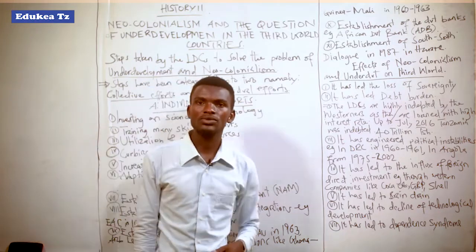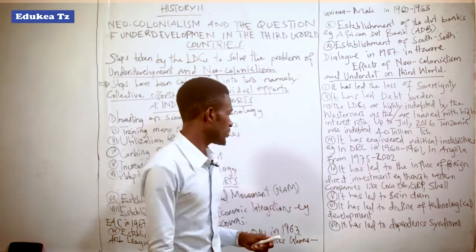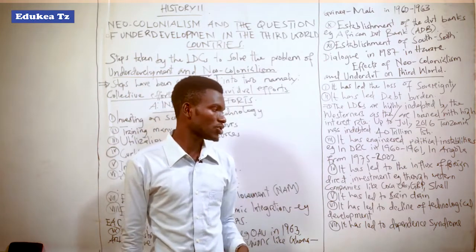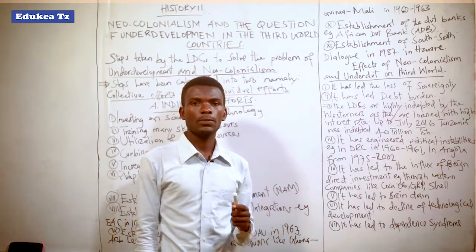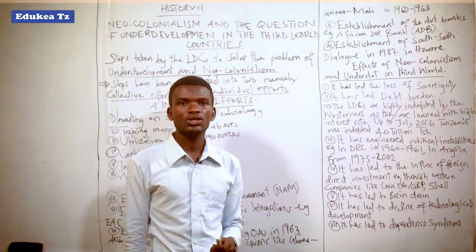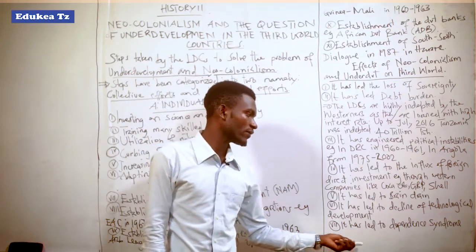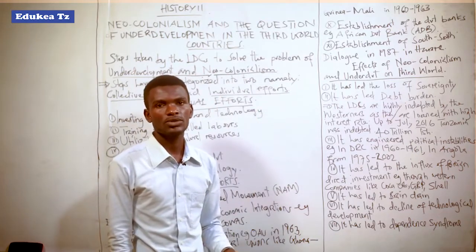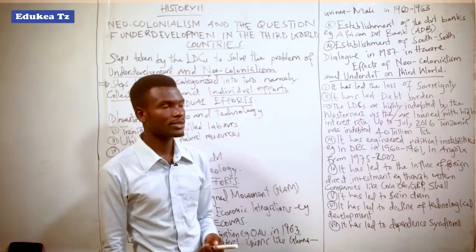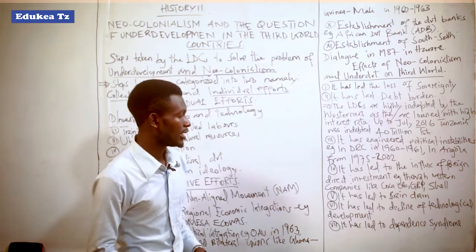And many less developed countries believe that their national annual budget cannot be implemented successfully without seeking assistance from abroad, from the international or imperialistic financial bodies like the IMF and the World Bank. So those IMF and World Bank assist or give loans to those less developed countries with high interest rates. So that was another impact of neocolonialism and underdevelopment.